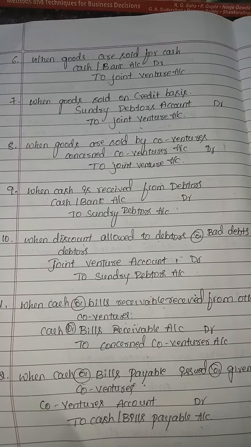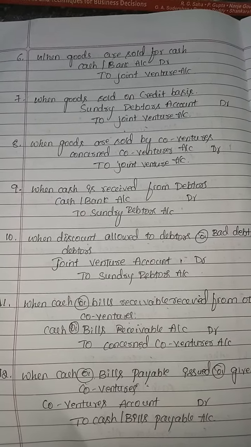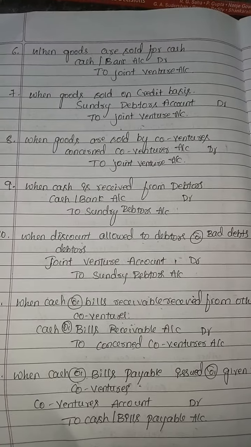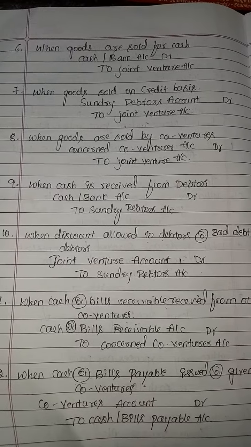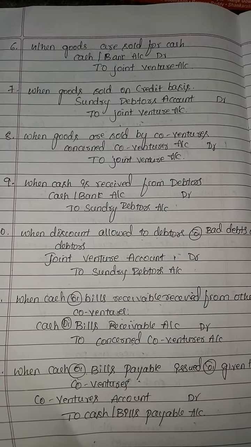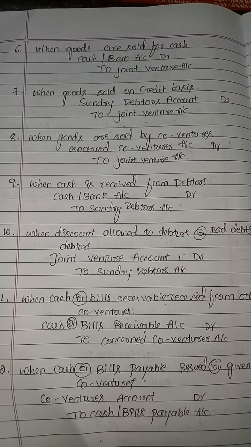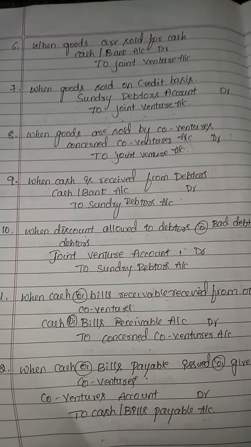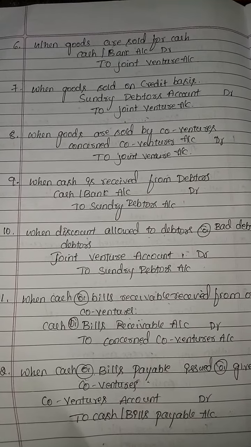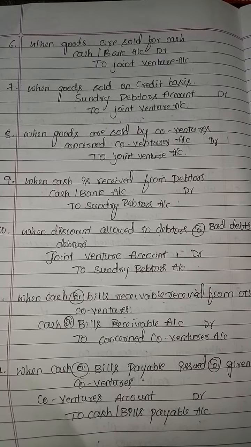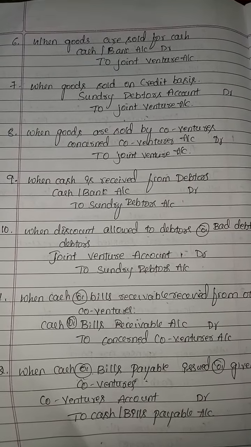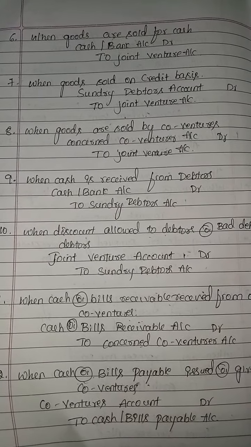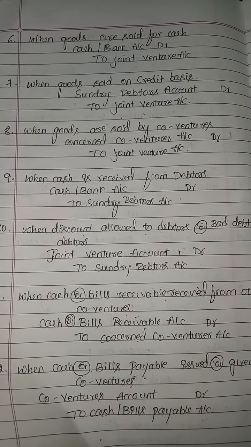Now if any goods or materials are sold by the co-ventures only, at that time the entry will be concerned co-venture account debit to joint venture account. The next situation, when cash is received from debtors. If any goods were sold on credit basis and the cash is received after some period, at that time the entry will be cash or bank account debit to sundry debtors account.